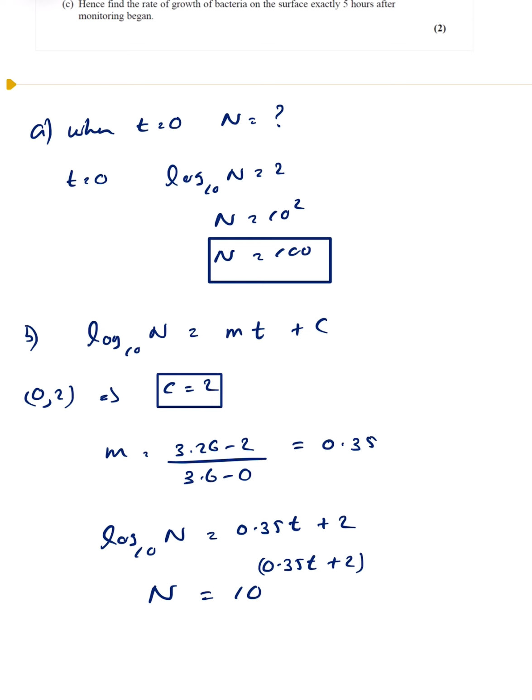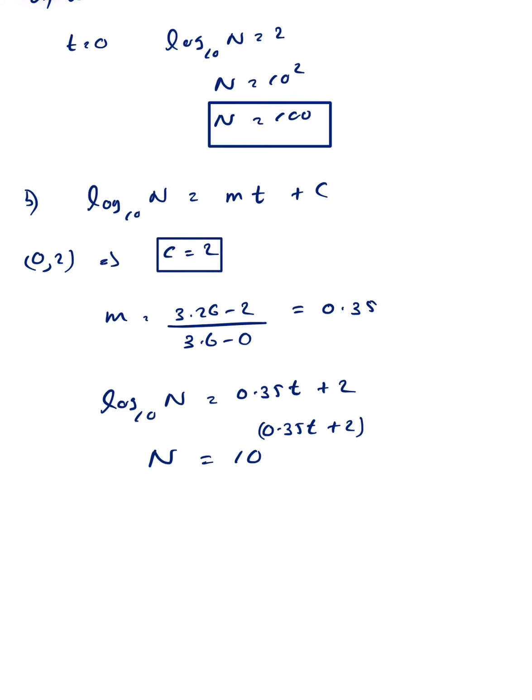So I'm going to use the laws of indices, where when you have multiplication you add the powers. So if the powers have been added, you can separate them: 10 to the power of 0.35 t times 10 to the power of 2, and 10 to the power of 2 is 100, so n equals 100 times 10 to the power of 0.35 t.